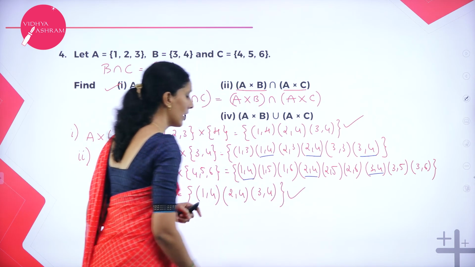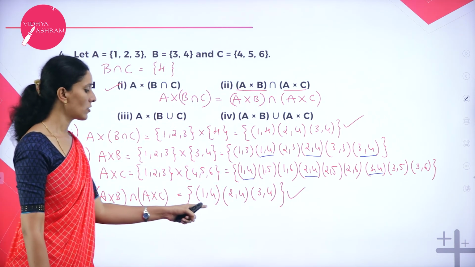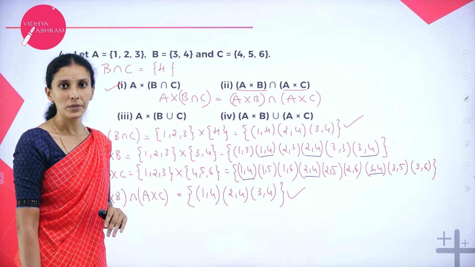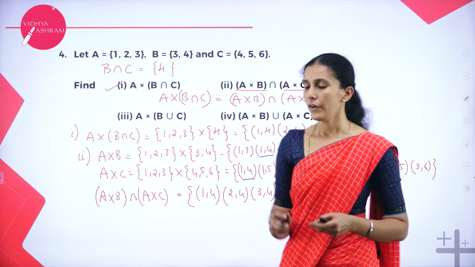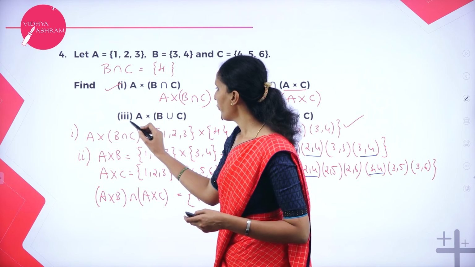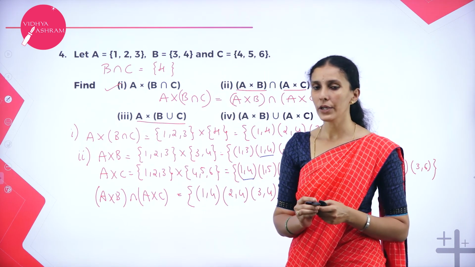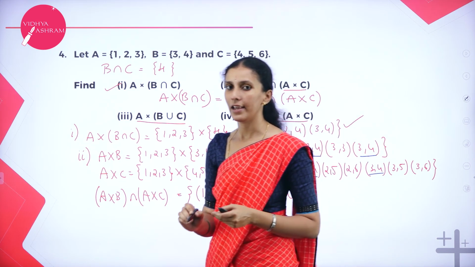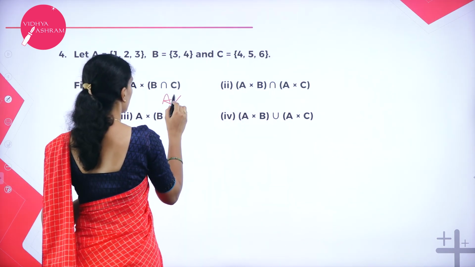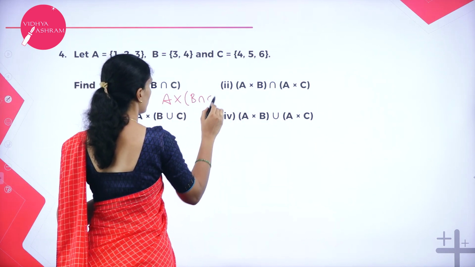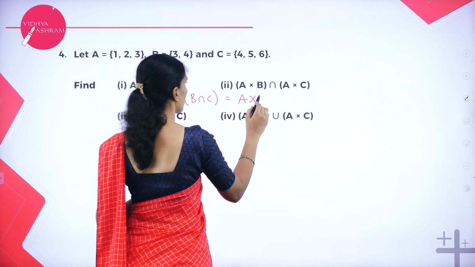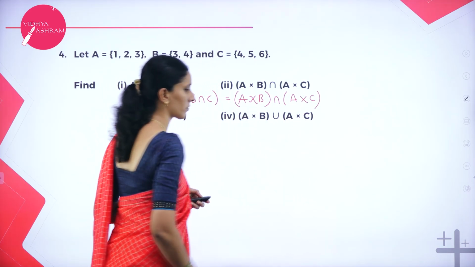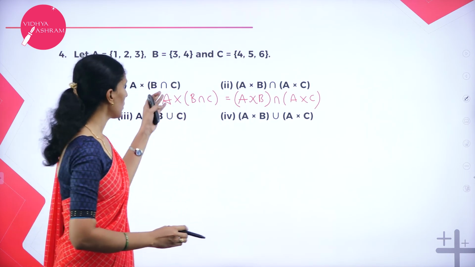In the same way, you can also find A cross (B union C), which is also equal to (A cross B) union (A cross C). So I have concluded the statement.